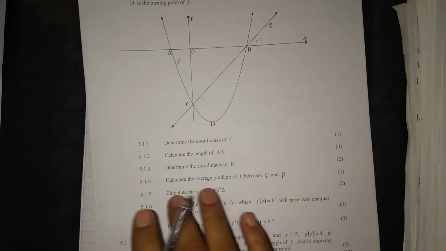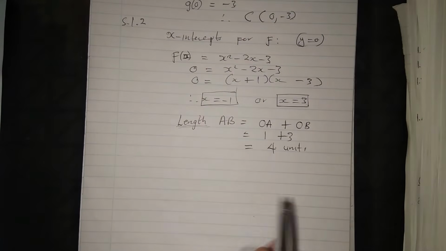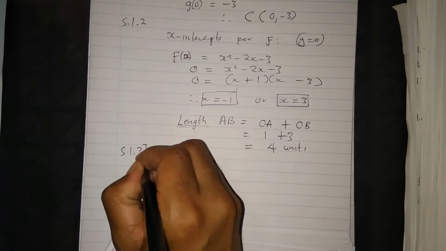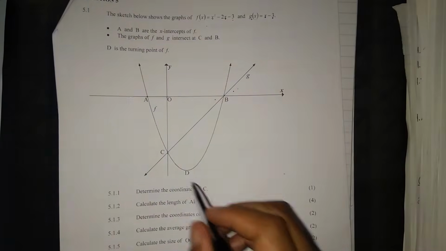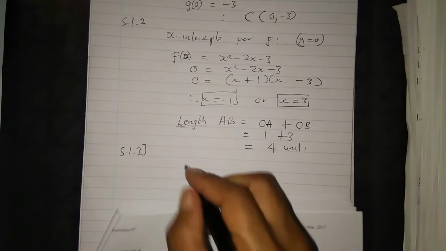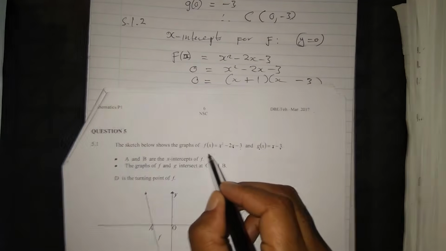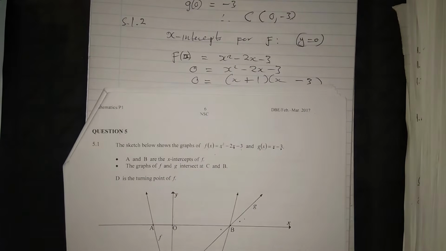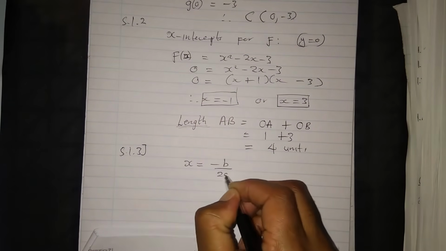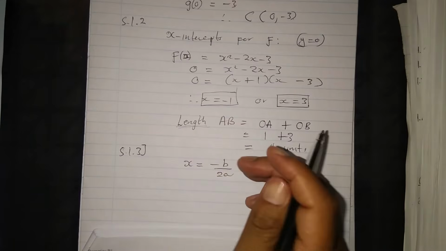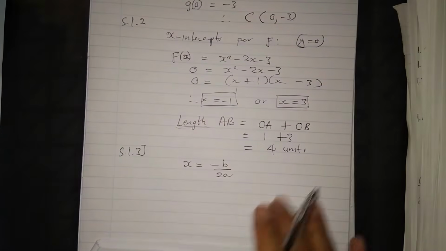Now our next question, 5.1.3, is for the coordinates of D. The coordinates of D is the turning point. If a parabola is given in standard form, x equal to minus b over 2a gives you the x-coordinate of the turning point, if and only if your parabola is given in standard form.